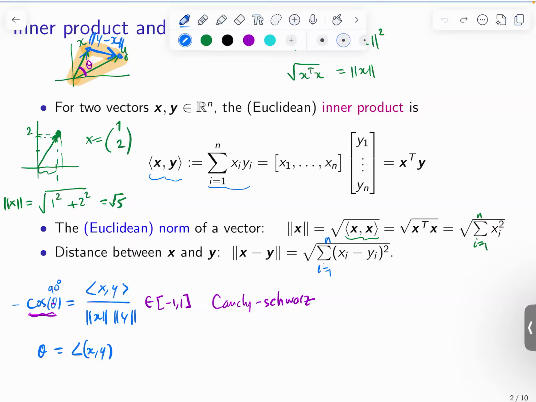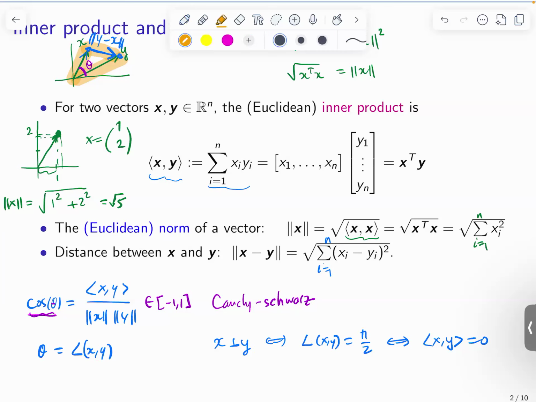So you say that x is perpendicular or orthogonal to y if and only if the angle between x and y is 90 degrees, or pi over 2 if you want, which is the same as the inner product of x and y being equal to 0. So we can say two vectors are orthogonal if and only if the inner product is 0, because this quantity would be 0 if and only if the numerator is 0. Sounds good. So you have a notion of orthogonal vectors.